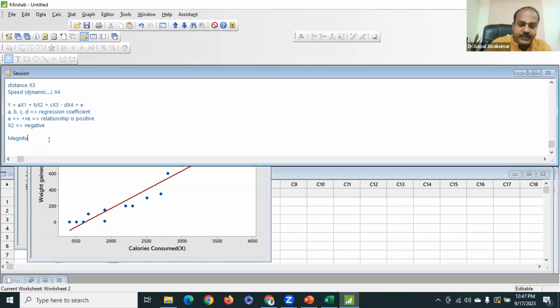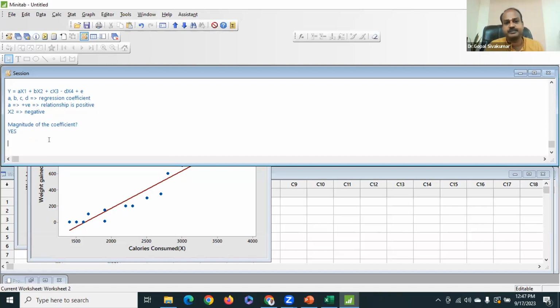Do you think the magnitude of the coefficients can also help you? Yes, majorly. The answer is yes. Imagine the regression coefficient A equal to 0.2.